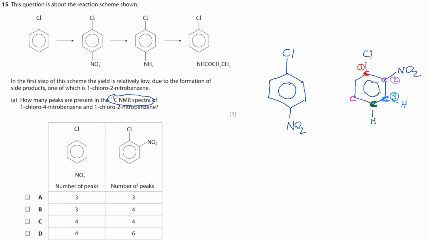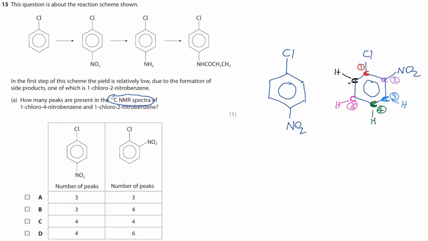It's just attached to CH, CH, CNO2. So that means these two are two different environments. Therefore, this is my fourth environment and this is my fifth environment. And the next carbon atom is directly attached to a carbon which is attached to a chlorine atom. So this is another environment.